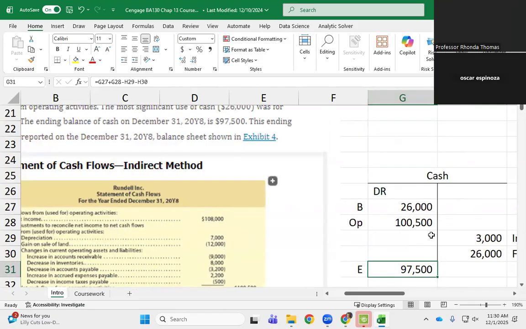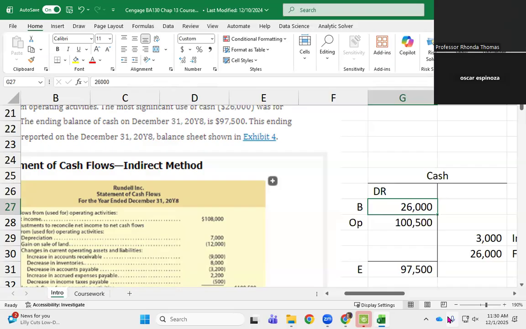So here's what I'm talking about. If cash is $97,500 at the end of the period, it started with $26,000. That's different, right? Our cash has gone which direction? Our cash has gone from 26,000 to 97,500.